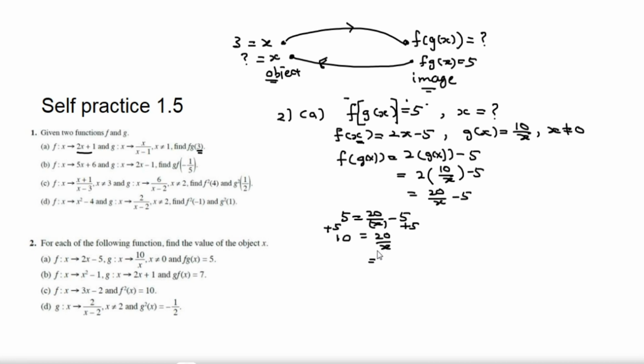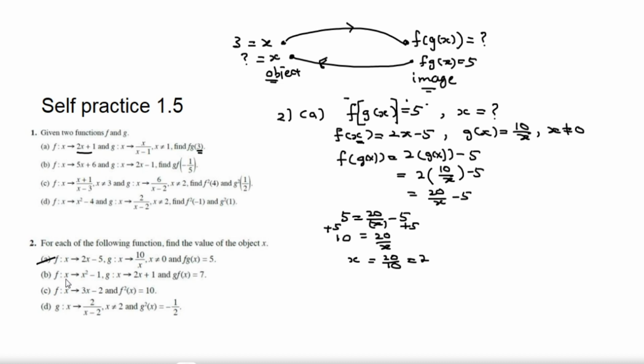Next, we have to make x the subject. So what to do? We multiply both sides by x and at the same time divide by 10. So 20 divided by 10 is equal to 2. The object is equal to 2. That's how we solve for A.